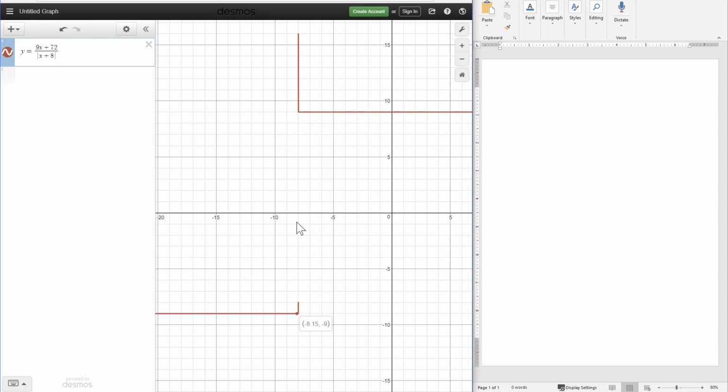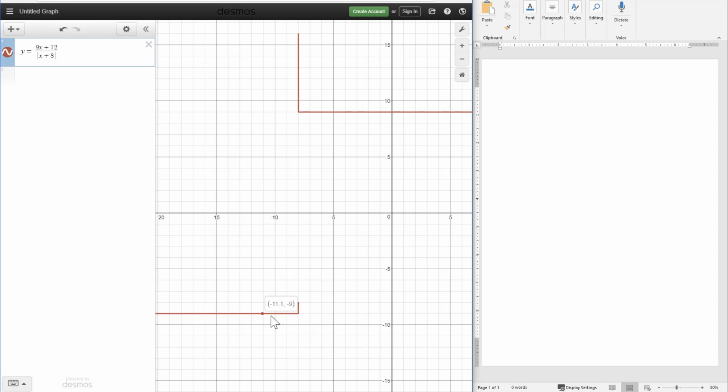So there are some weird things happening here, and this excess line that goes up is actually an error by the graphing calculator, because computers can only deal with finite things, and when they deal with something that breaks up like this, they don't know what to do with it. So sometimes it does things that might not be mathematically correct, and we want to be careful about interpreting these things.